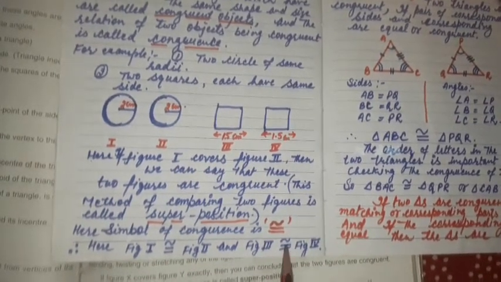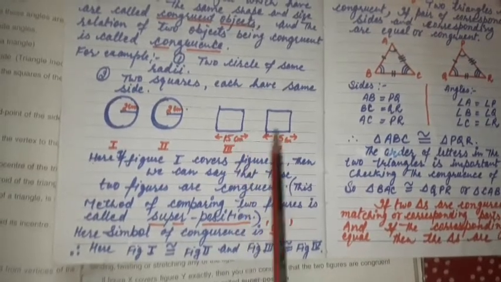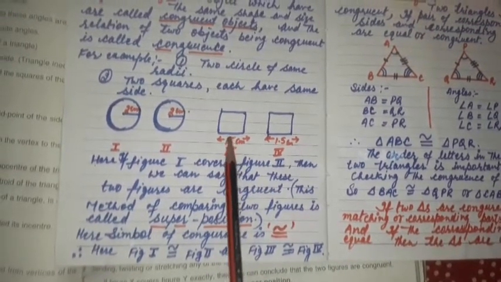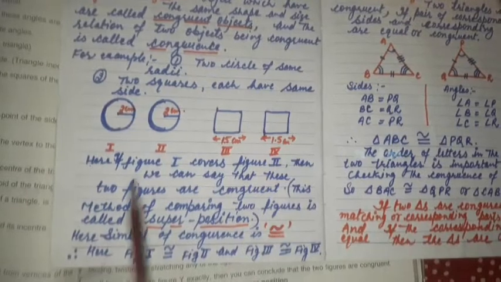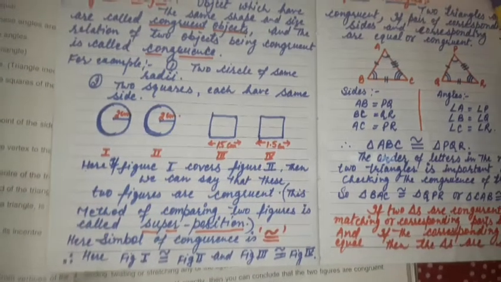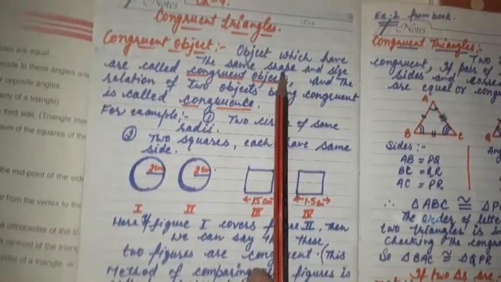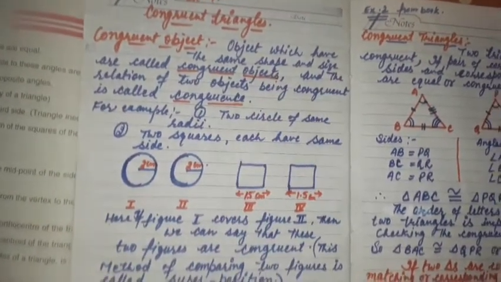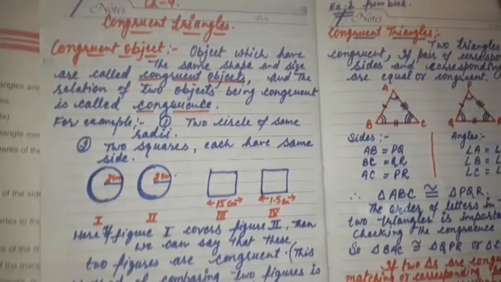And figure 3 is congruent to figure 4. These are congruent because each side of these two squares is the same, 1.5 centimeters. So these are congruent objects, which are the same in all respects, either shape or size.